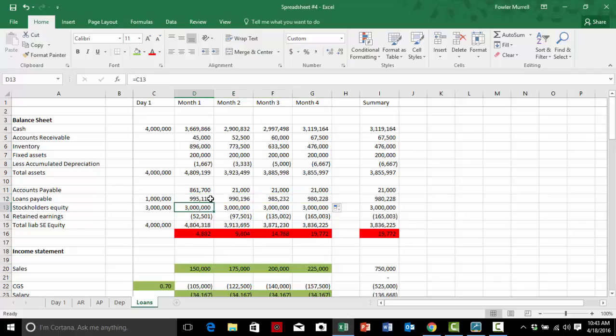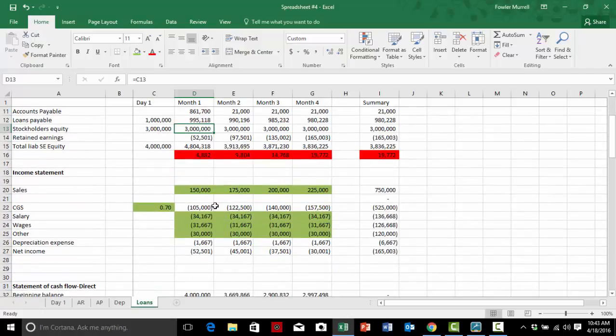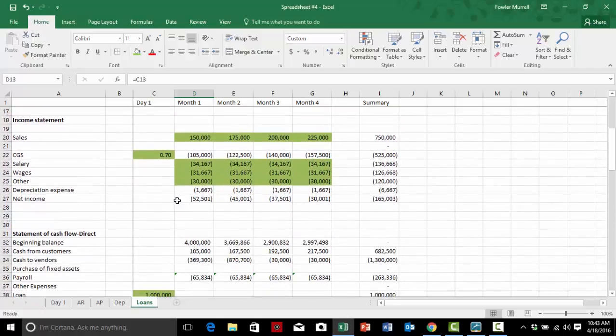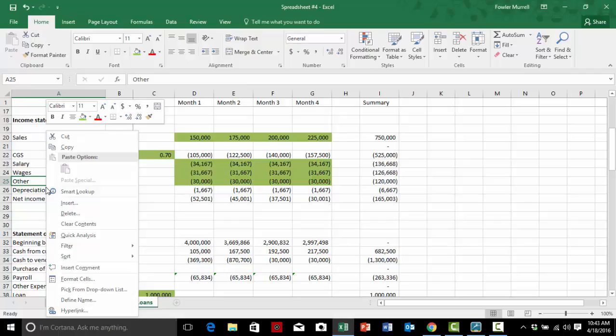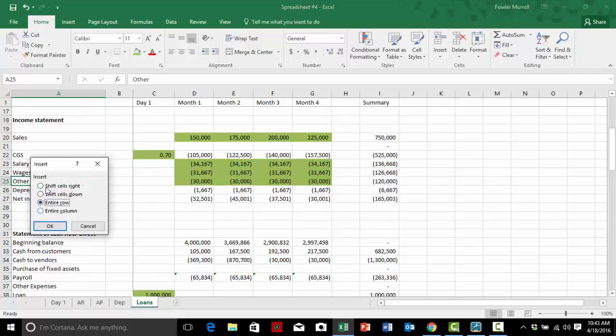The next piece of this is to get interest expense into the income statement. So we need interest expense. So we need to insert a row. Insert it any place. This is as good a place as any. Insert an entire row.